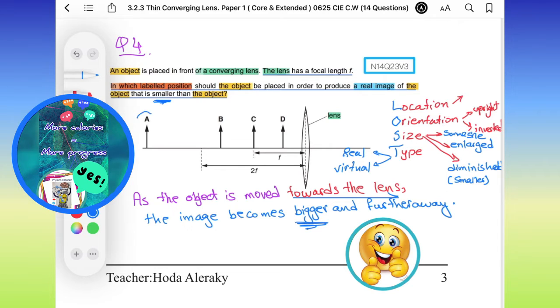So the answer for this one is A. Is it clear? As you move the object towards the lens in this direction, the image obtained will be bigger.